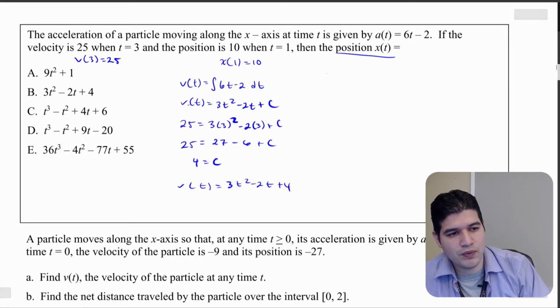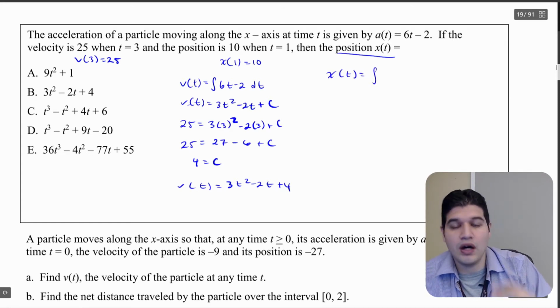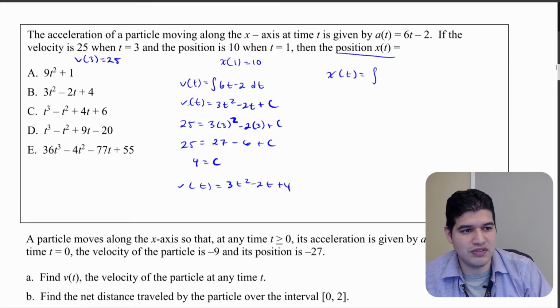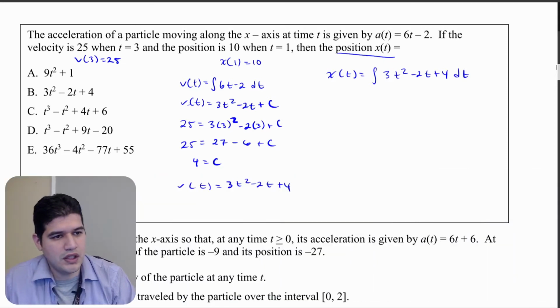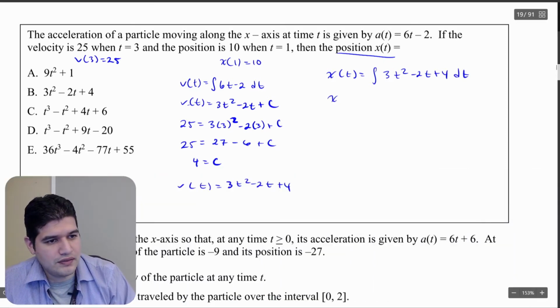Again, I want to go out to position. So x of t is going to be equal to the integral of the velocity I just found, 3t squared minus 2t plus 4 dt. Let's solve for this one. x of t equals t cubed minus t squared plus 4t plus c.